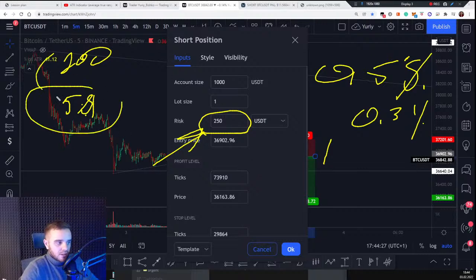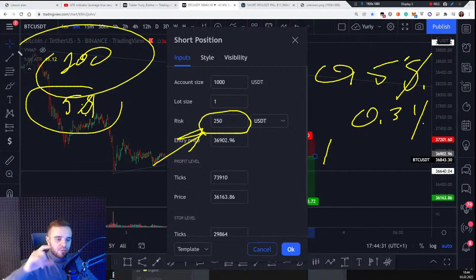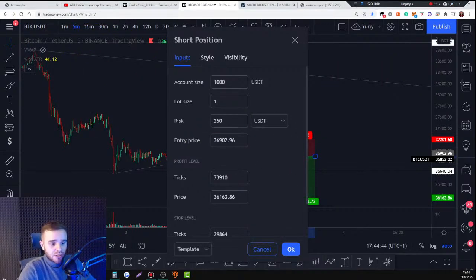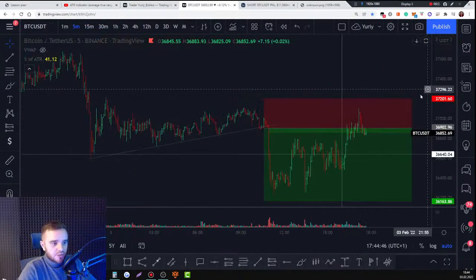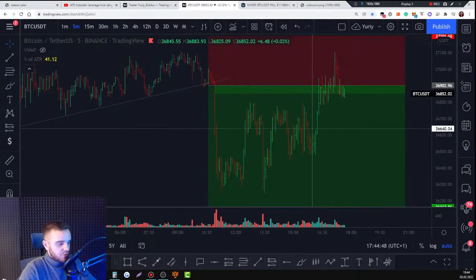But it's a completely different story when your account is small and you are a beginner. If you are a beginner, I recommend you stick to small risk per trade. If you are advanced, you should have a plan how to increase it. And our risk is 250.